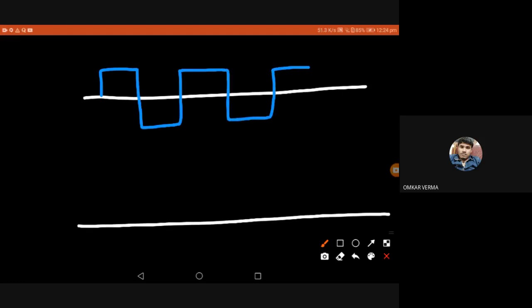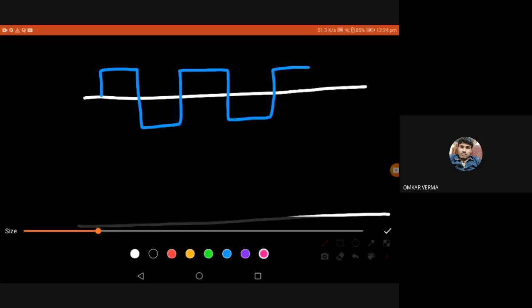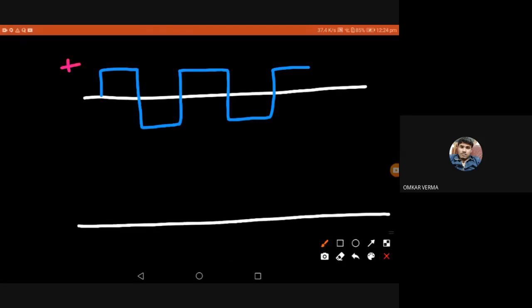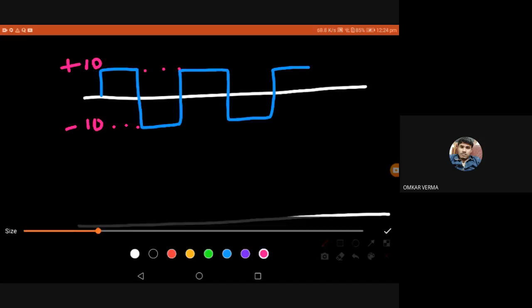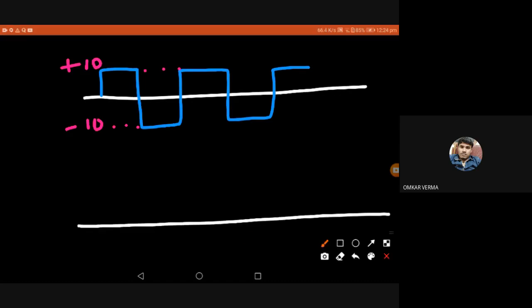Okay, with values plus 10, minus 10. Okay, now what about the output? First I analyze the negative cycle, right? Because that is the forward bias cycle. In that cycle, what did I get?